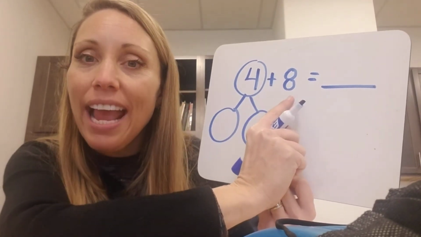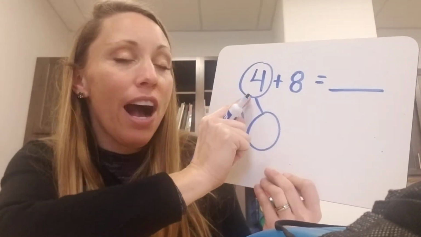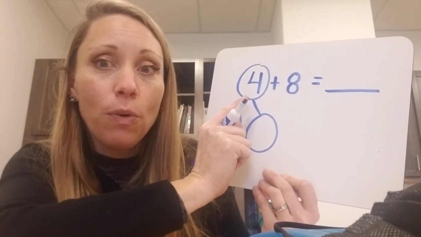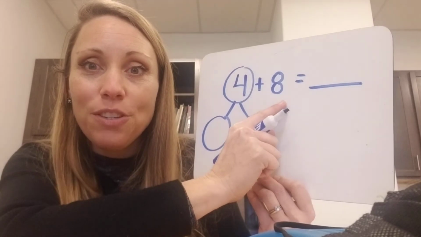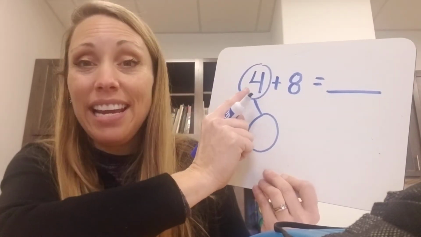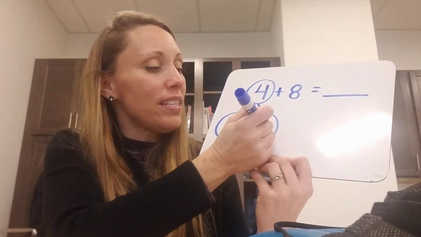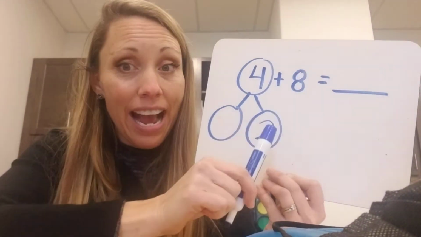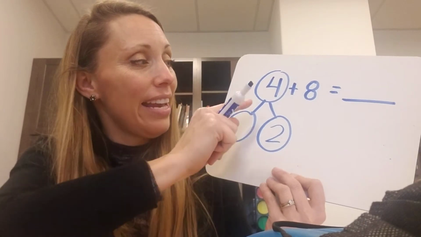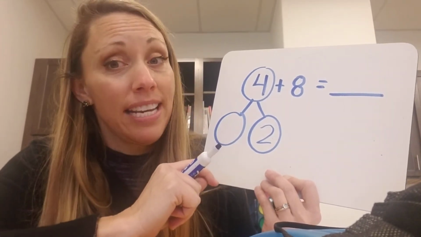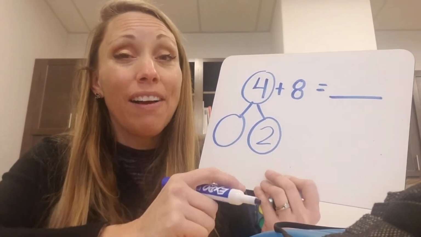We want to make the 8 into a 10. So how many should we steal from the 4 to make the 8 into a 10? We need to take 2 from the 4 to give to the 8. I'm going to take 2 that are now going to go together with the 8. And how many will I have left if I take 2 away from 4? I'll have 2 left.